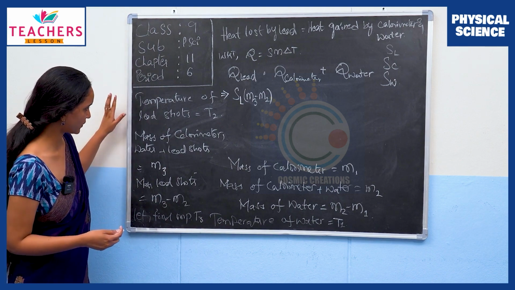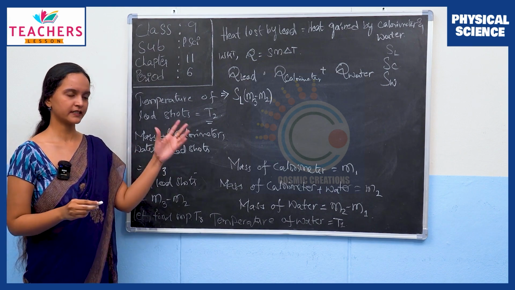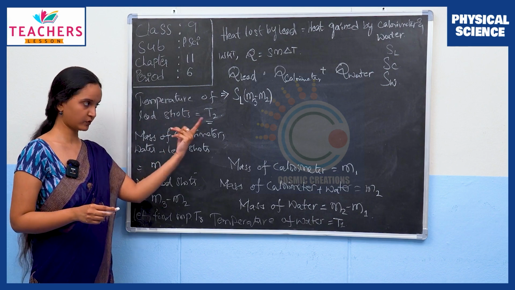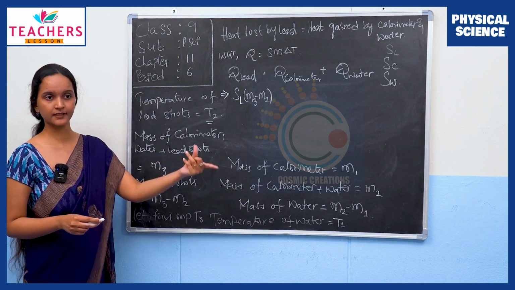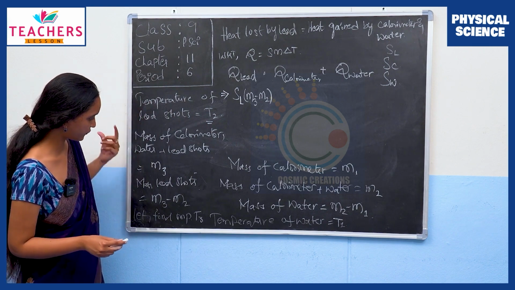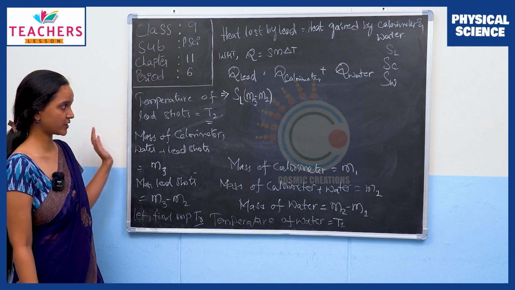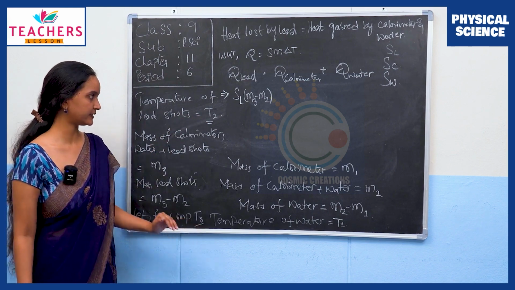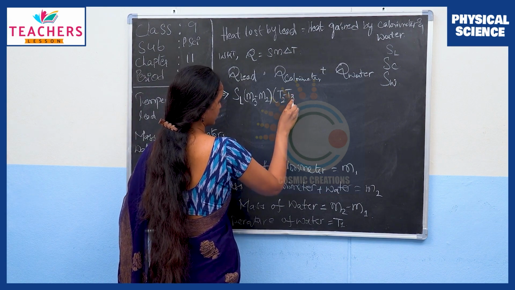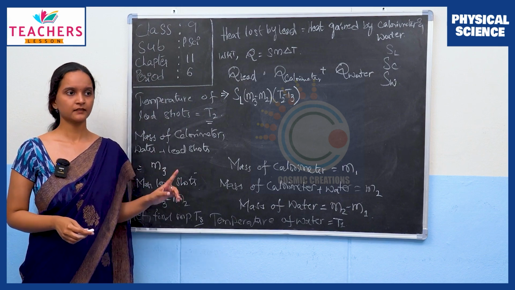We heated them to T2 degrees Celsius or Kelvin, whatever. So, the temperature of the lead shots before was T2, and after inserting this in the calorimeter, the temperature falls to T3. So, the change is from T2 to T3. So, this would be T2 minus T3 is the change of temperature for lead shots. Clear up to this point?